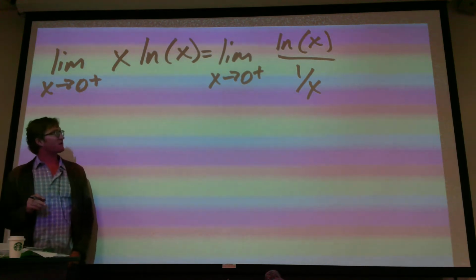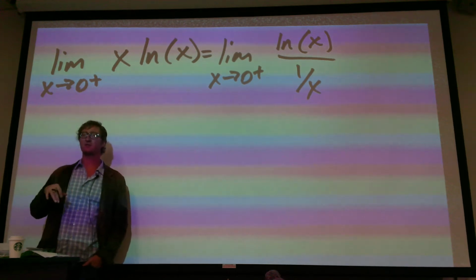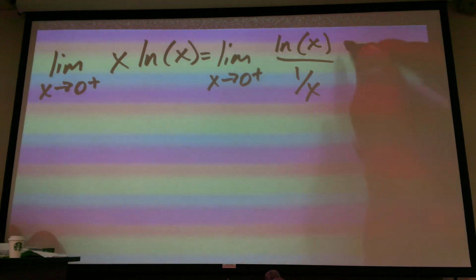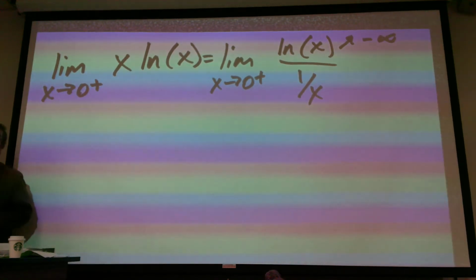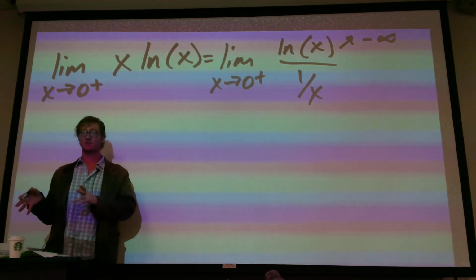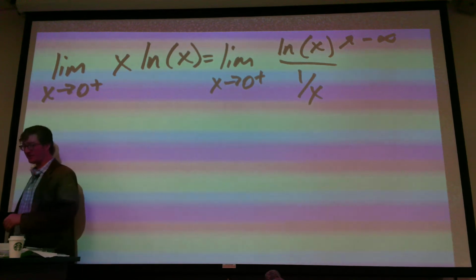Now, I forced it into its fraction form. And so at this point, this guy's going towards negative infinity. And remember, if you have a constant divided by 0, and this is headed in from the right, so it's in the positive direction, this is going to head towards positive infinity.